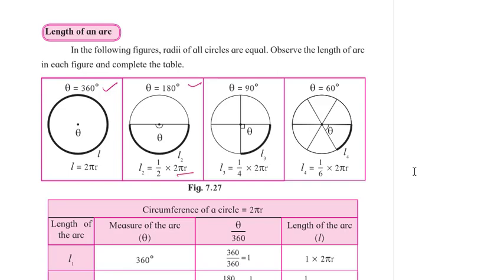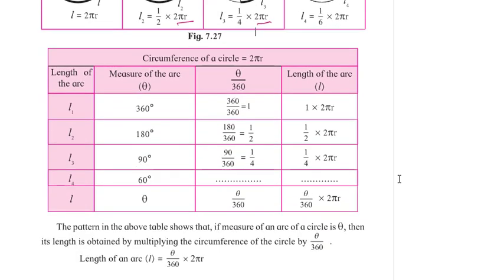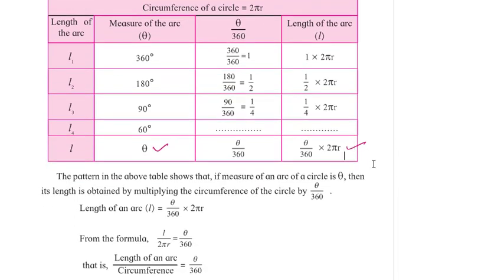When the angle is 90 degrees, it is 1 upon 4 into 2 pi r. As we did in the case of the sector, if you prepare this chart, you will find that when the angle at the center is theta, the length of the arc is theta upon 360 into 2 pi r. 2 pi r is the circumference of the circle.